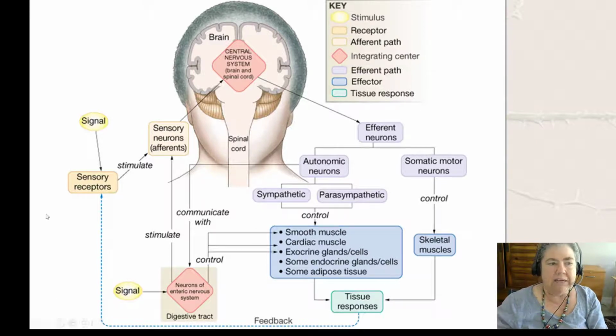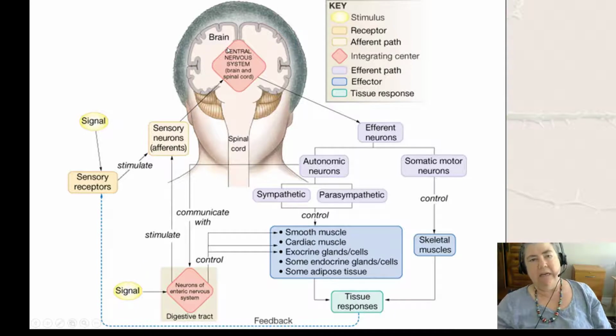They come in to the central nervous system. They are relayed, integrated, and processed in a number of areas of the brain, including the thalamus, including the sensory cortex and associated areas. Okay, so sensory information in.